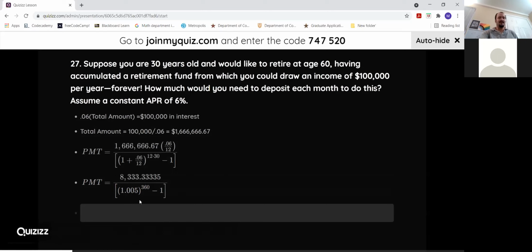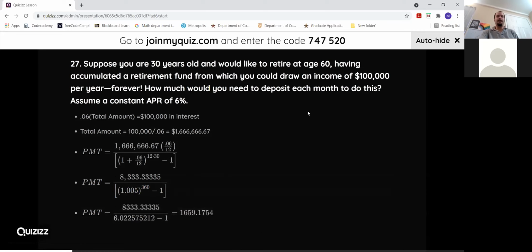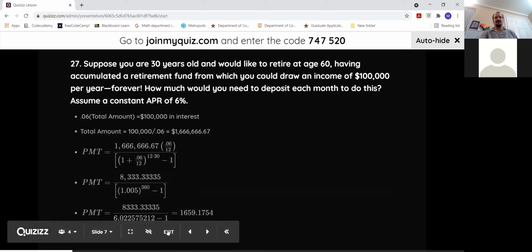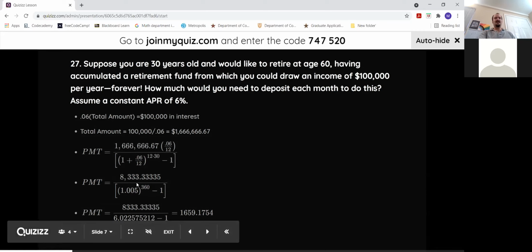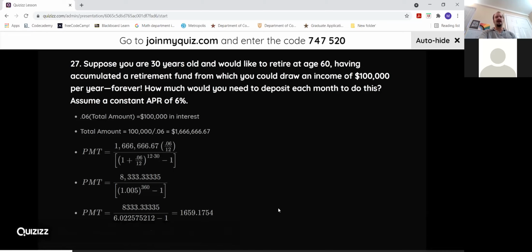I add 1 to it, I get 1.005. I'm raising that to the 360 power. I'm subtracting 1. It's going to give me 5.022 instead of 6.022. So I subtract 1 and then I divide them. I should be getting something around 1659.